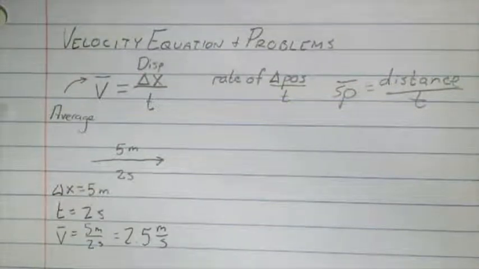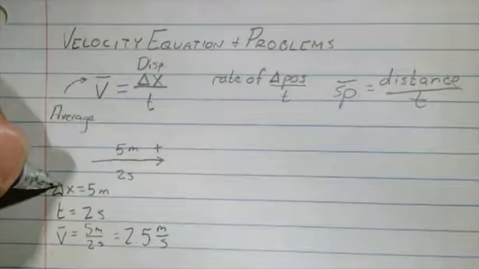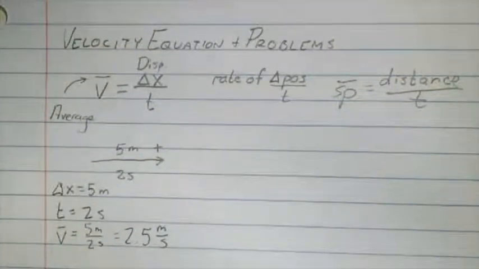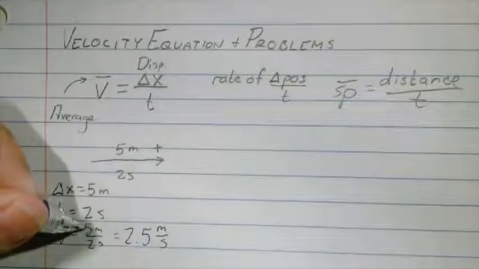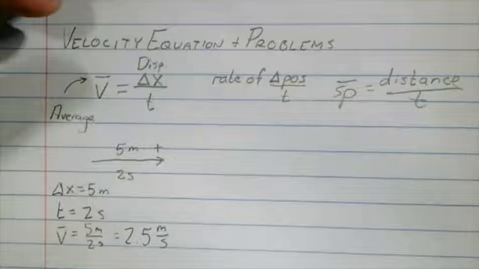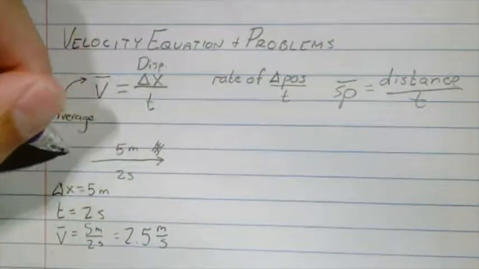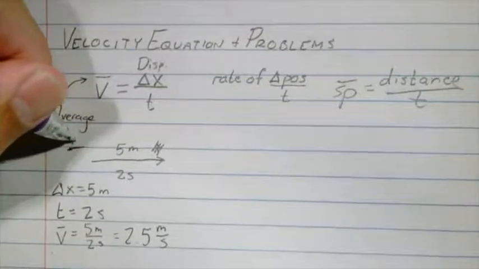Or I could define a frame of reference. I could call that the positive direction. And then my delta x, I don't even have to change anything. It's already positive 5. The velocity, positive 5 divided by 2, would be 2.5. You could see if I change that, and let me change a lot of stuff here, I'm going to get rid of that. I'm going to make the positive direction this way.